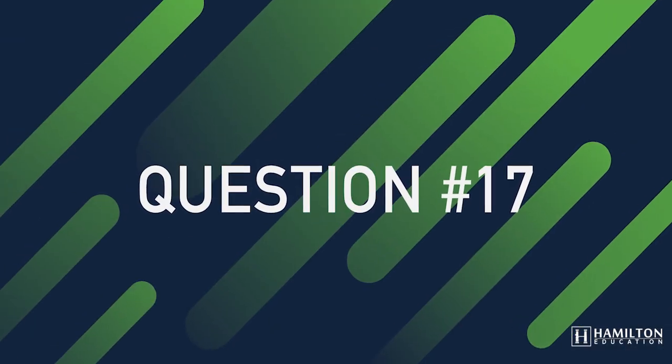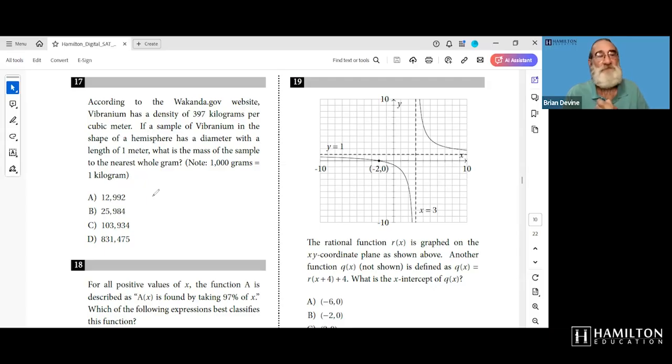Question 17. I just can't read my notes here. Question 17. According to the wakanda.gov website, vibranium has a density of 397 kilograms per cubic meter. And remember that density is mass divided by volume.